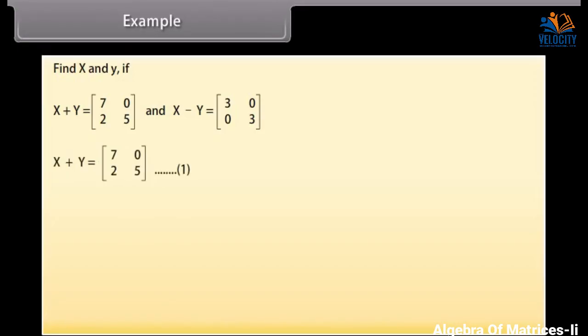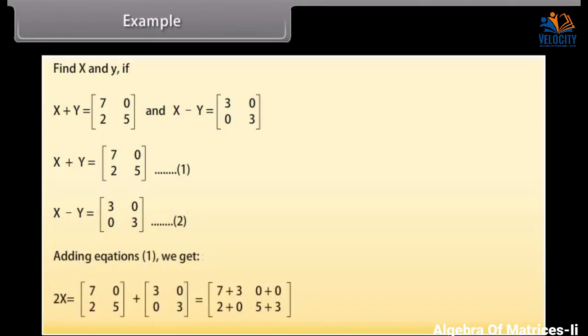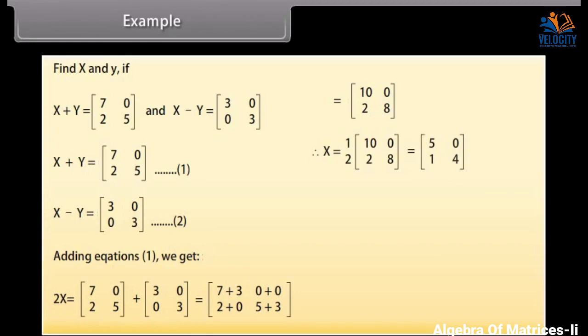Given X plus Y and X minus Y, mark them as 1 and 2. Now, add the equations 1 and 2, we get 2X is equal to the matrix, row-wise: first row 10, 0; second row 2, 8. Therefore, X is equal to the matrix, row-wise: first row 5, 0; second row 1, 4.